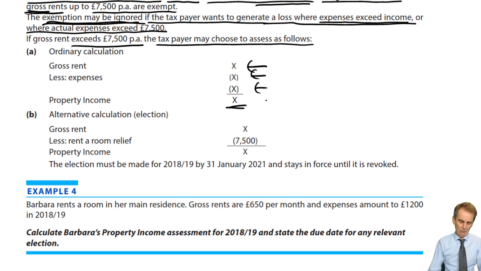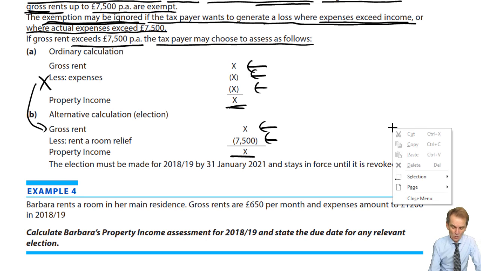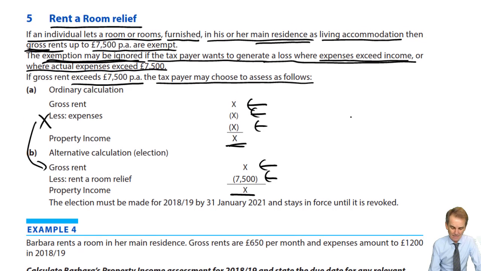The alternative calculation that we can use here is applying the rent-a-room relief, whereby whatever was your gross rent, no deduction in relation to expenses, but we simply deduct the rent-a-room relief of £7,500, and that gives rise to your property income assessment. So, what have we got as rules here?